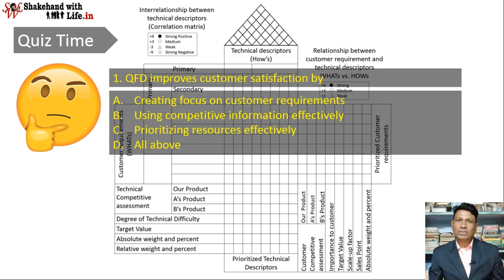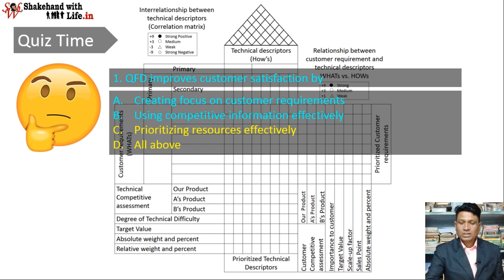Now I have a quiz for you. Let's play it. So the first question in the quiz is, QFD improves customer satisfaction by A. creating focus on customer requirements, B. using competitive information effectively, C. prioritizing resources effectively, and D. all above.